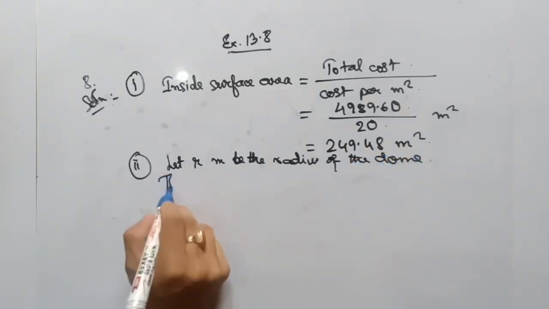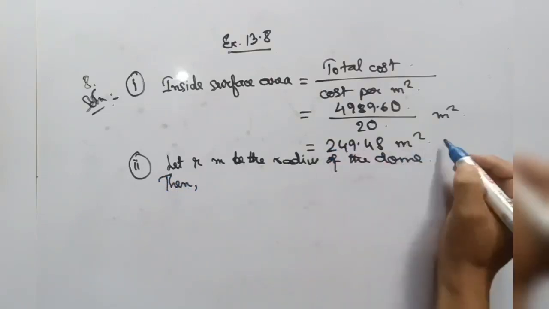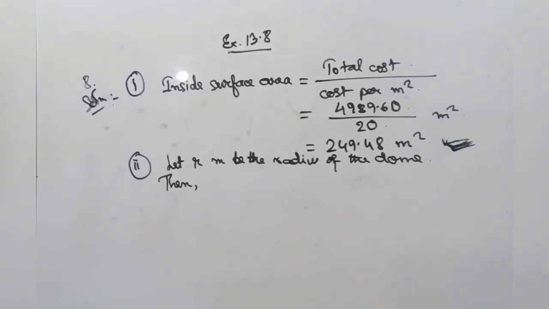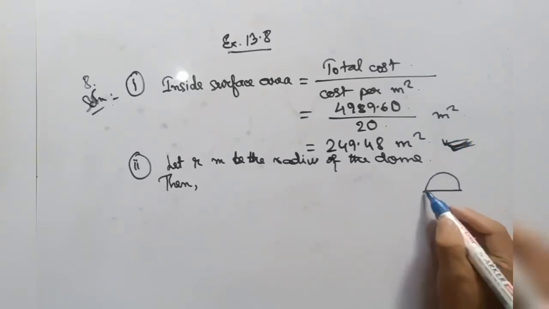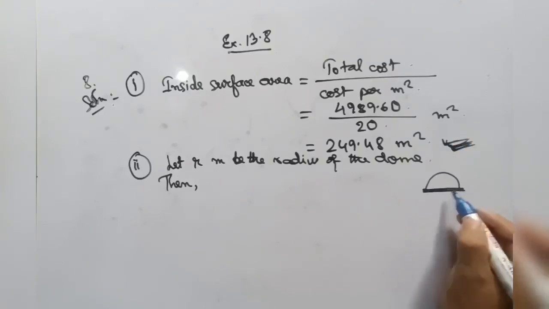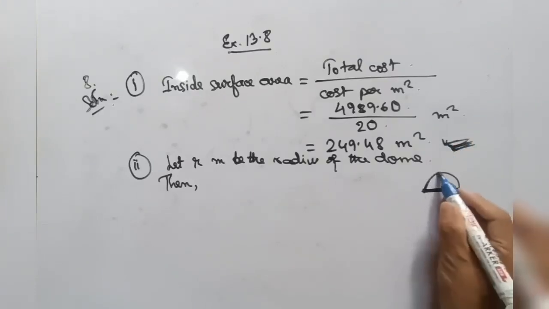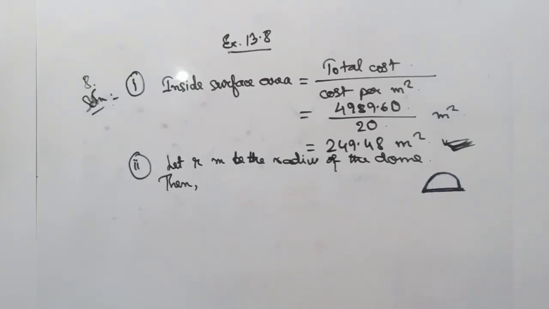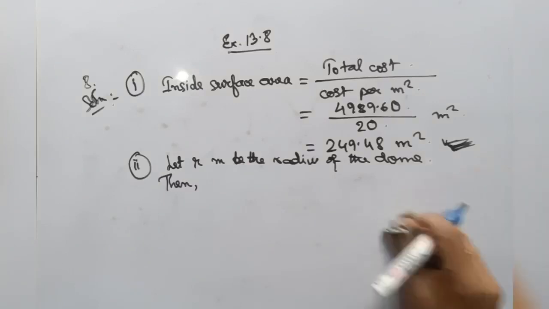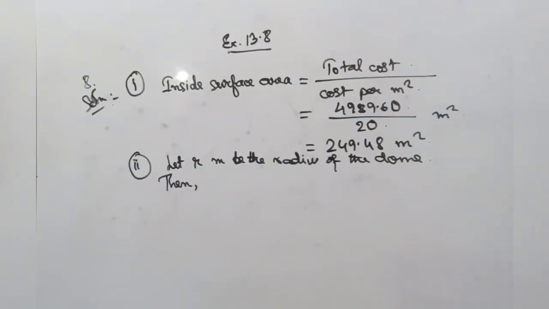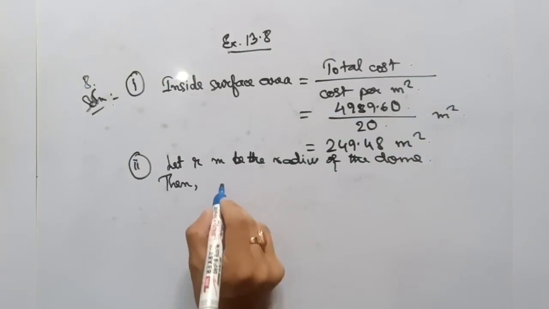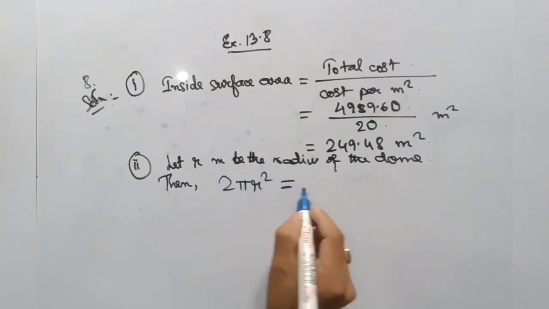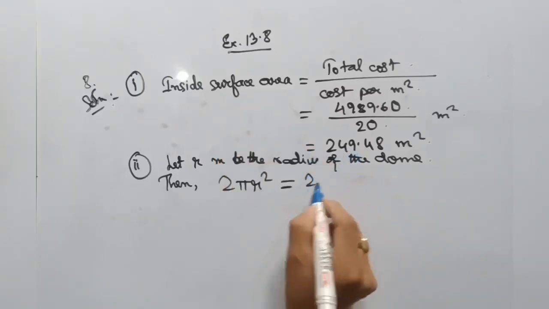This is the inner surface area of the dome. As you know, the dome is in the shape of a hemisphere. We will use the formula for the surface area of a hemisphere to find the radius of the dome. The formula is 2 pi r square, which is equal to the surface area of the dome.